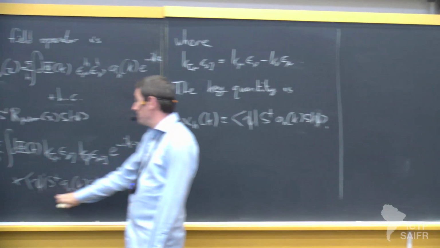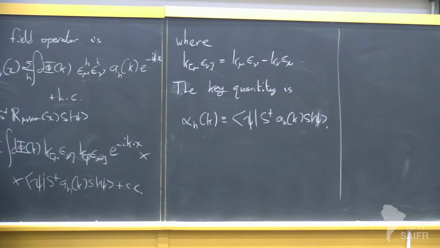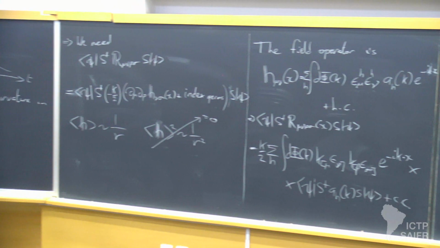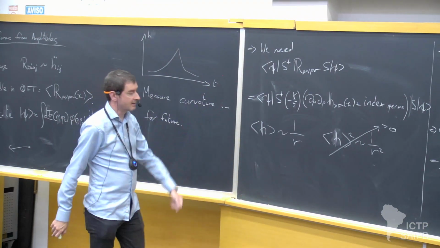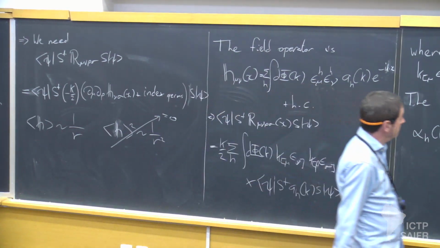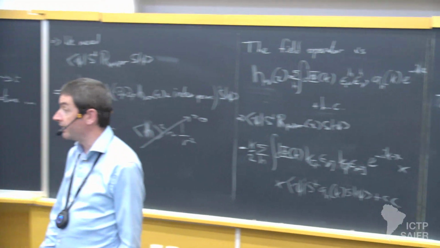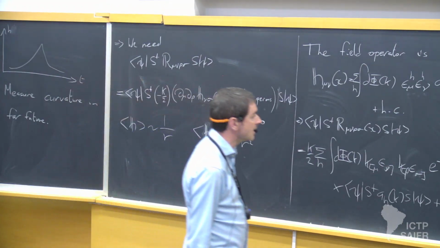But the real point about it is that once you know this alpha and you shove it in this formula, well, then you get the wave. You get the expectation value of this Riemann tensor. Okay, so this is the basic object that we need to compute to get an understanding of what the gravitational waveform is going to look like.